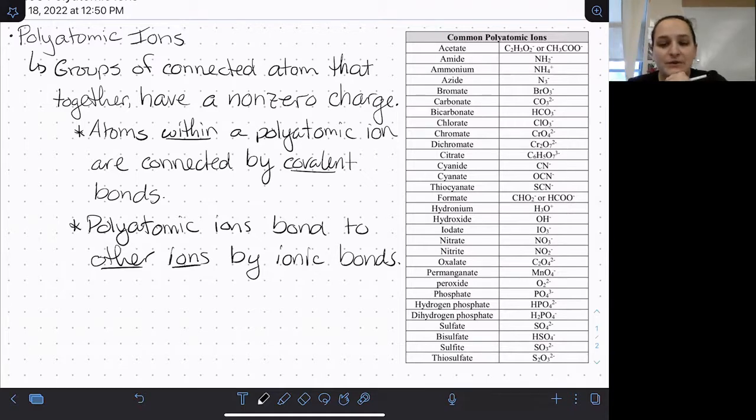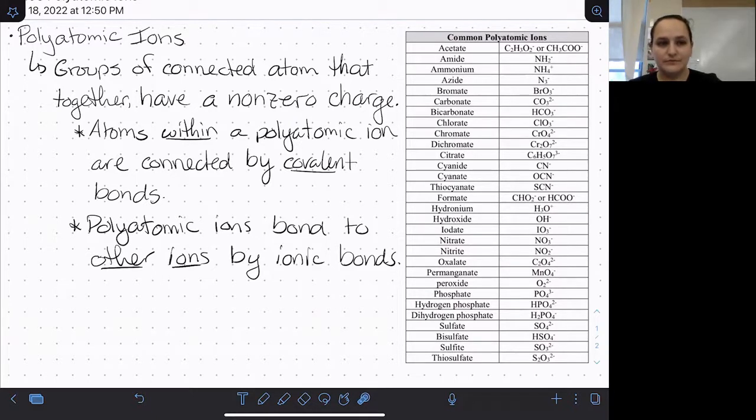And you'll see that there are only 2 cations in this whole list. Hydronium is not one you're really going to see in this class. Hydronium appears when we talk about acids and bases, which is something that we save for Chem 2. So the only polyatomic cation to really be aware of for now is ammonium, NH4+. Everything else here is negatively charged.